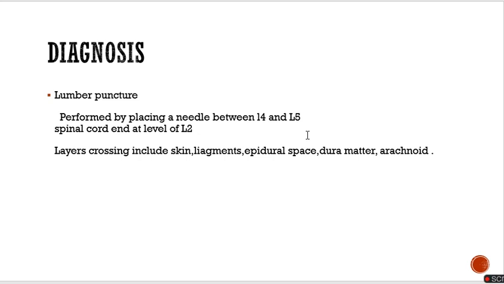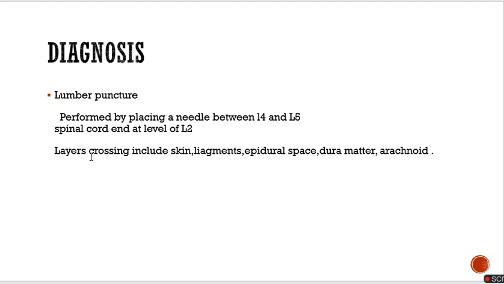We do the lumbar puncture between L4 and L5 because the spinal cord ends at the L2 level. So between L4 and L5 we take the CSF and do the CSF test.